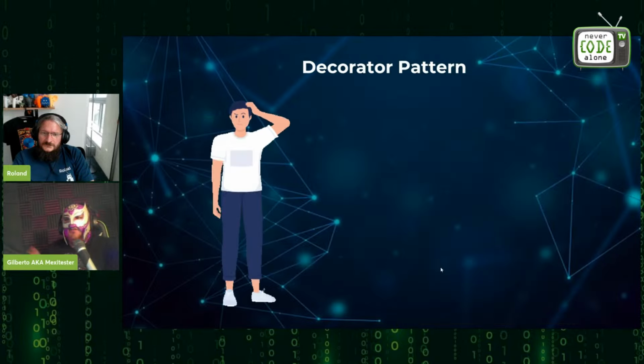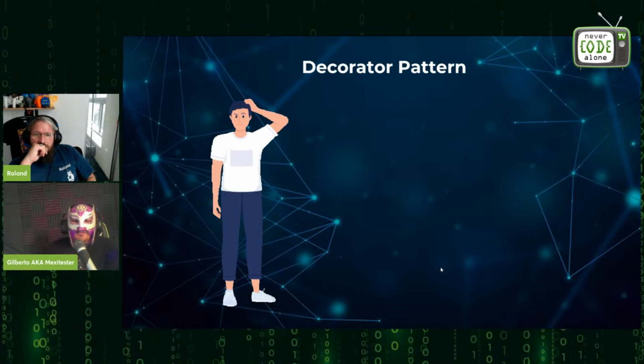So we have another cool pattern, Decorator, and it's very simple. A simple explanation first. The implementation of the code could be kind of tricky, but between Ronald and myself we will try to define how to do it. I will explain the decorator pattern, and then I want to hear comments from Ronald.